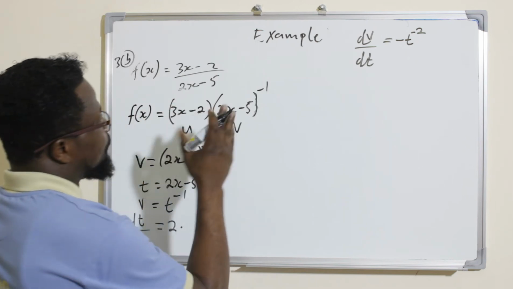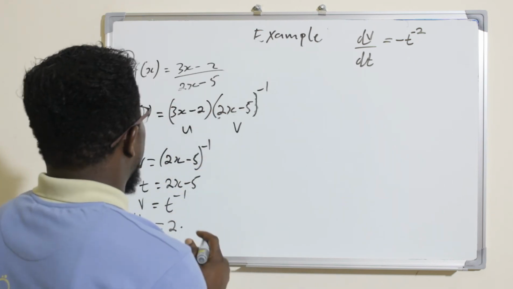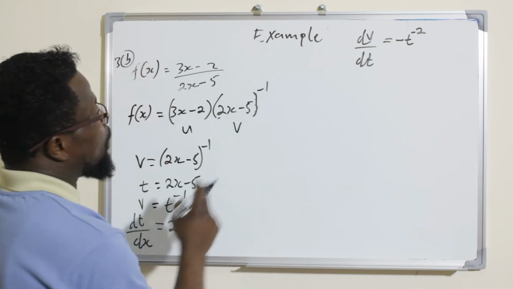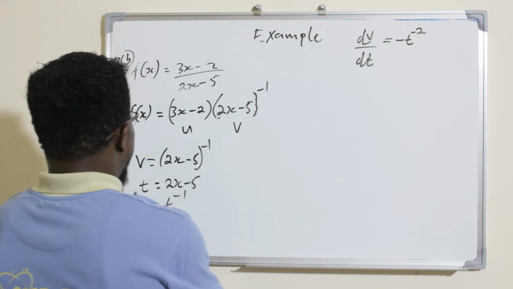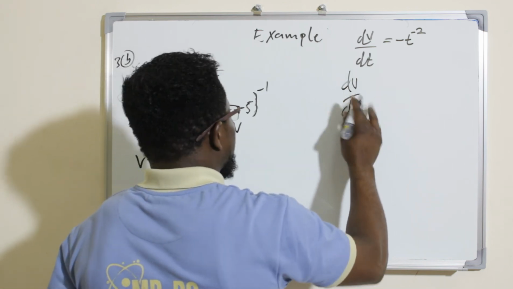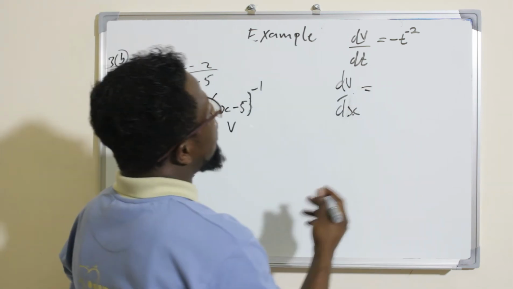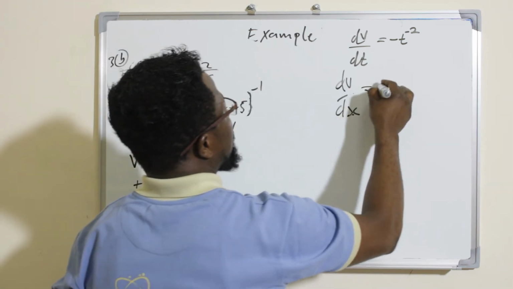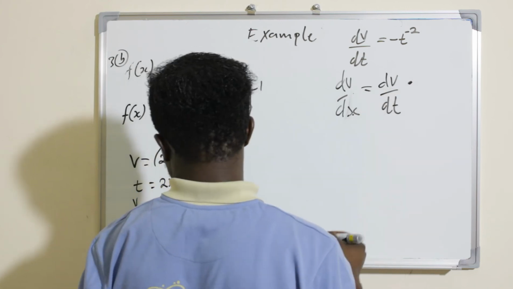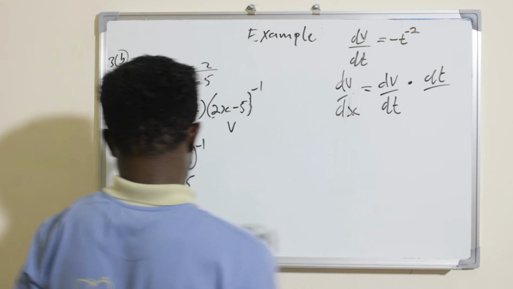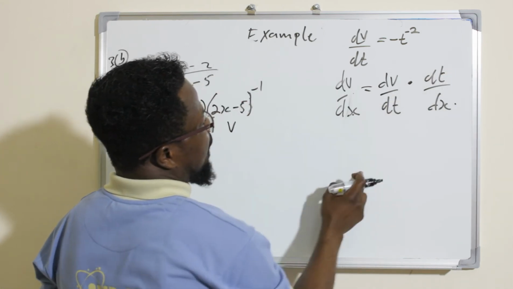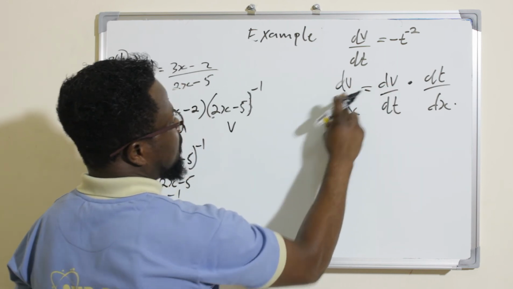Once I have gotten that, the next thing I need to do is to apply the chain rule. I know for sure that dv dx is now going to be dv dt multiplied by dt dx, so that the dt will be cancelled and we are left with dv dx, which is this.